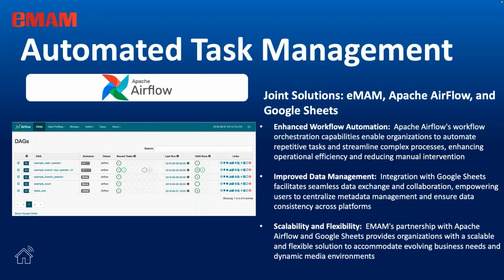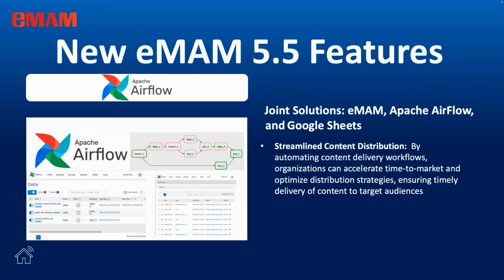So we've used this several times with our clients. And with this tool, you can build out these branching of different types of workflows. If it's true or not true, go this way, true or false, and so on, and then have different functions and steps all streamlined through this workflow tool. And so this sits on top of eMAM and basically gives you the ability to design and build out your own workflows.